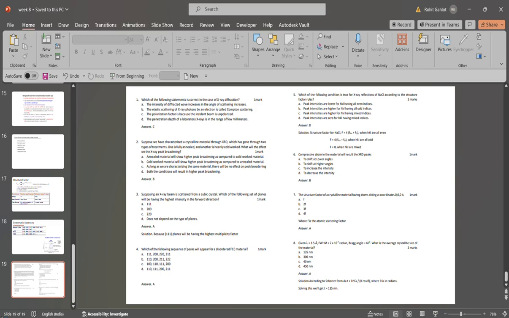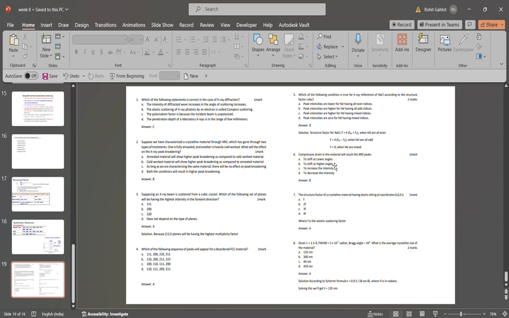Which of the following conditions is true for X-ray diffraction of NaCl according to the structure? The answer is D, that the peak intensity is 0 for hkl having mixed indices, because it will be the subtraction of Na and Cl. So the structure factor of NaCl is 4 times (fNa plus fCl) where hkl are all even, and similarly F is 4 times (fNa minus fCl) where hkl are all odd, and F is 0 where hkl are mixed.